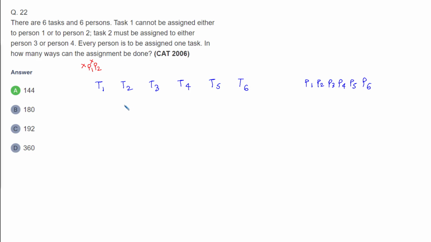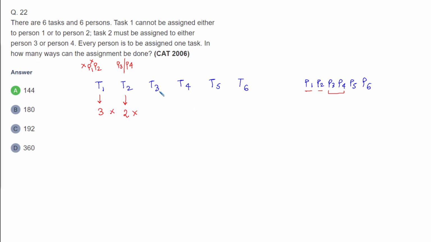Task T2 must be assigned to person 3 or person 4, so for task T2 we have 2 choices. Now for task 1, how many choices do we have? For task 1, P1 cannot come, P2 cannot come, and one among these 2 people cannot come. So out of these 6 people, 3 people we cannot assign task 1. Which 3 people? P1, P2 and one among P3 and P4. So remaining we have 3 choices for task 1.